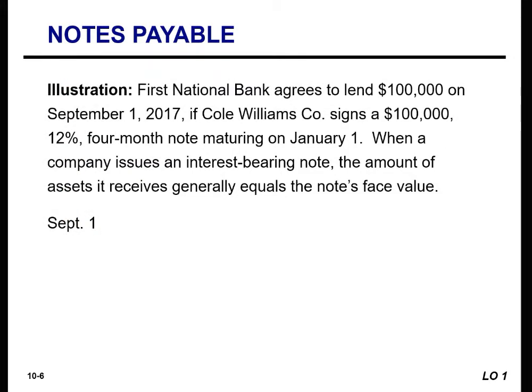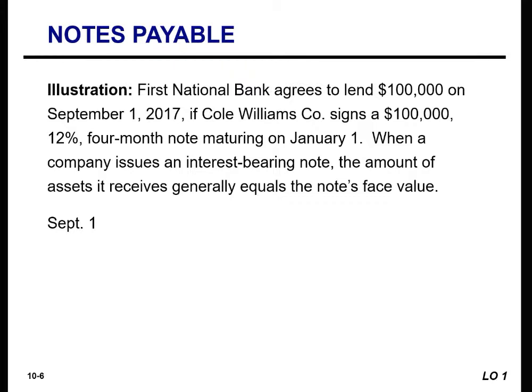So we're going to use the illustration of First National Bank, which agrees to lend $100,000 on September 1st, 2017, if Cole Williams Companies signs a $100,000, 12%, 4-month note maturing on January 1st. Remember, when we're given an interest rate, it's given to us as an APR, annual percentage rate.